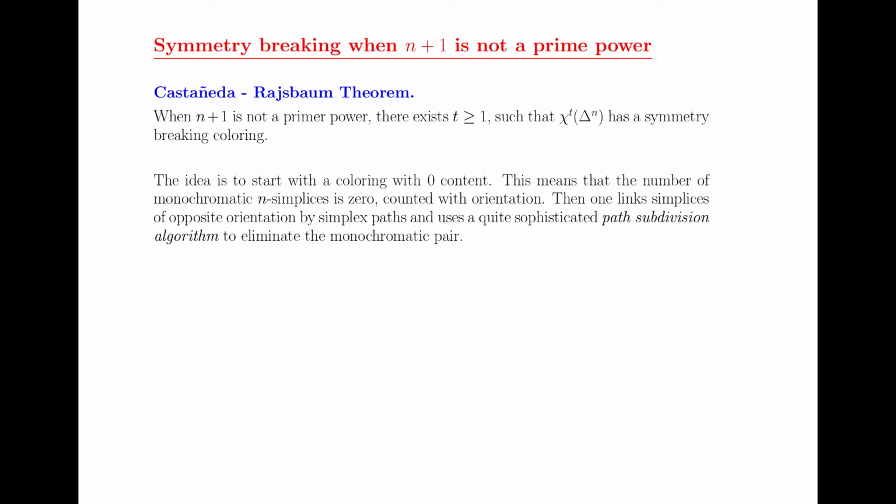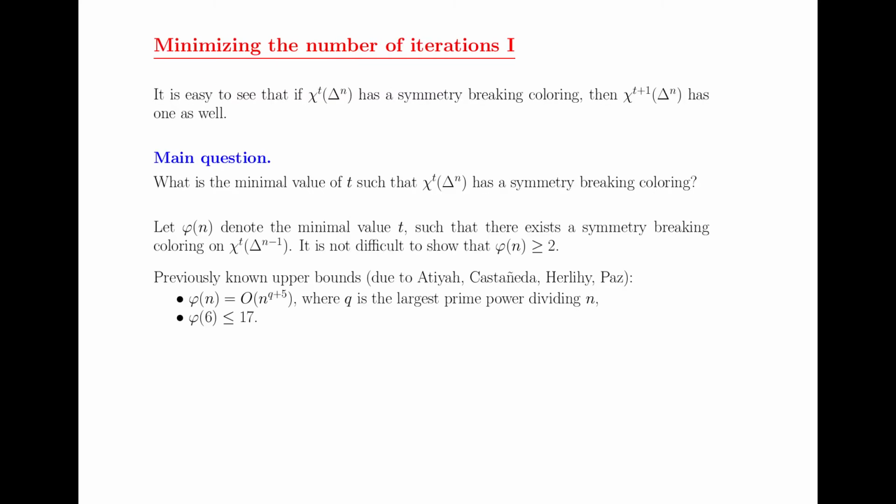In other words, you can put labels on the subdivision. Now, they don't have an explicit way. It's an algorithm which just proves existence and converges to something. So, in particular, it's very hard to estimate what is the number t, which will be the number of rounds. How many times do you need to subdivide until you can actually put the labels? That's the question. And people try to do research on that.